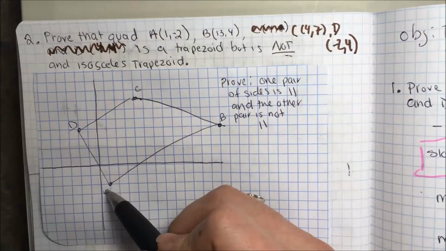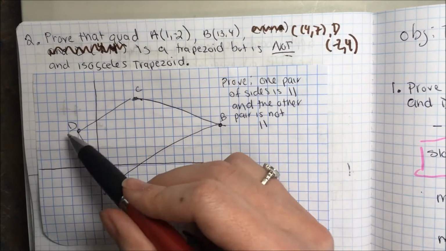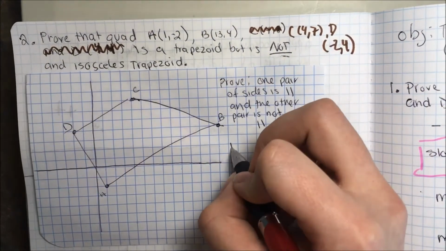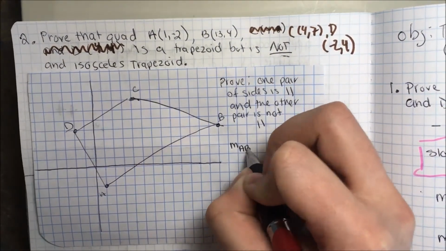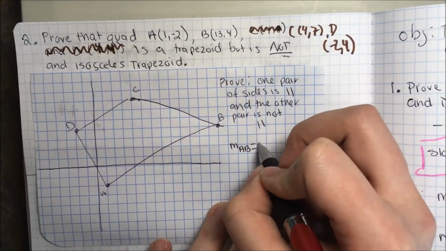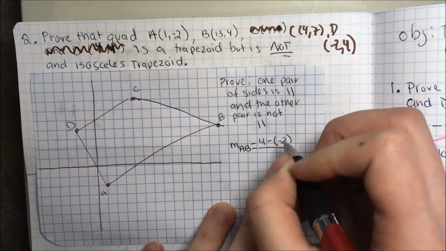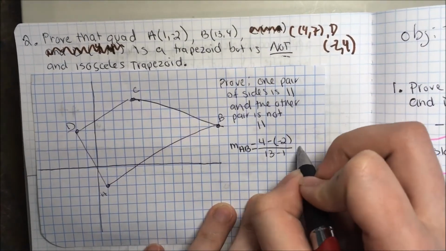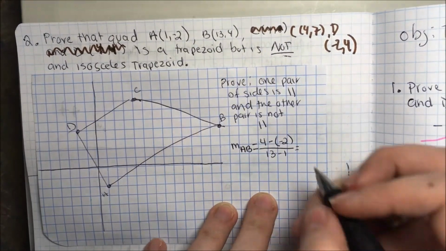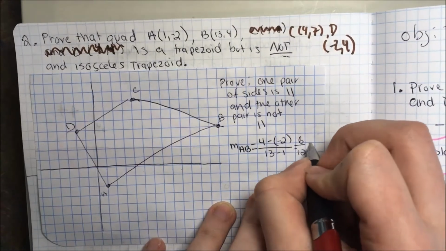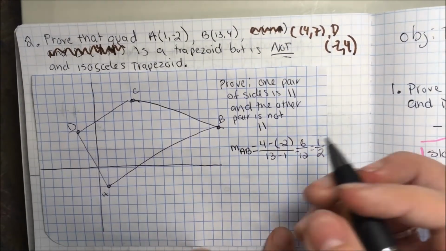We want to find that the slope of AB and DC are the same, because that would be parallel slopes. So we can find the slope of AB, which is 4 minus negative 2 over 13 minus 1. And we get 6 over 12, which is 1/2.